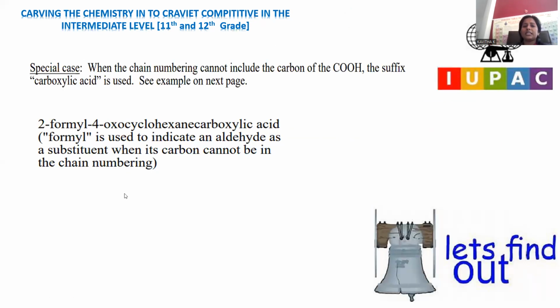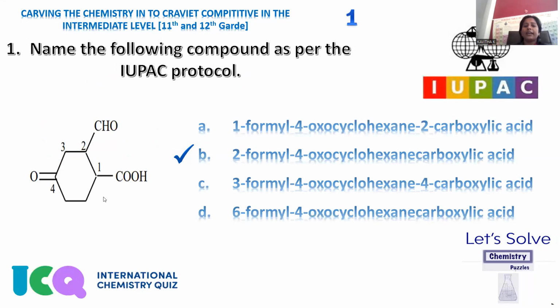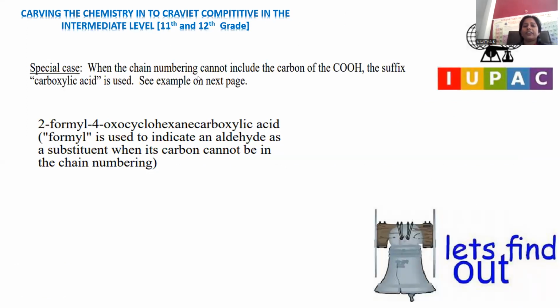Right, this is considered a special case, where you can find a different chain numbering, with the carbon of the carboxylic acid taken into the numbering. So its numbering is also taken into account, and the suffix carboxylic acid is mentioned.